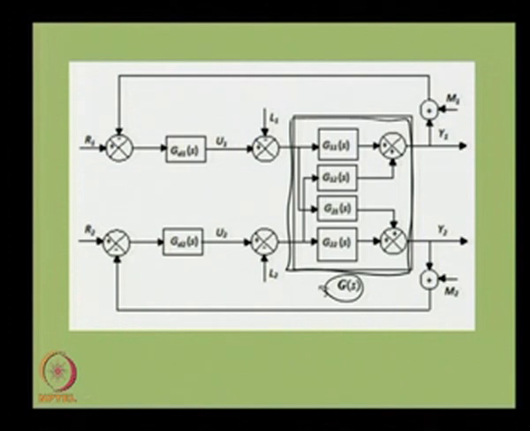These 2 input, 2 output plants can be extended to multivariable plants with lots of interactions within the system. Now, for TITO systems, generally 2 PID controllers are used for getting satisfactory closed loop performance from the system.